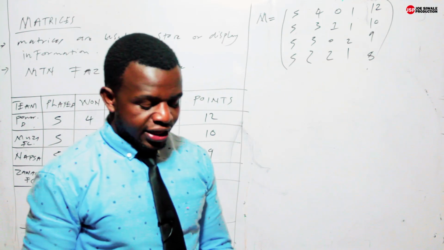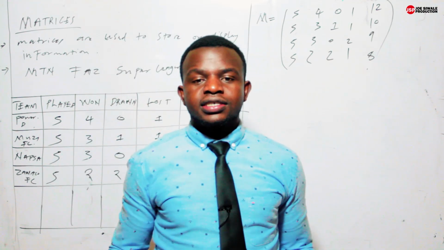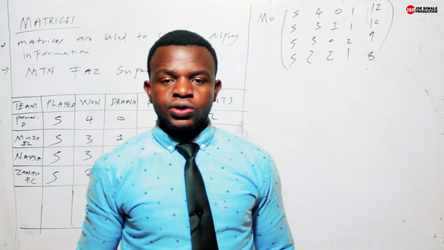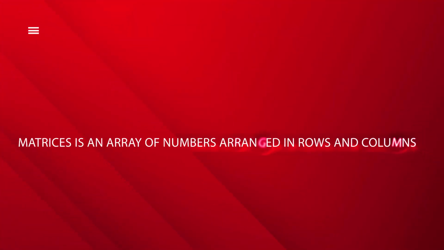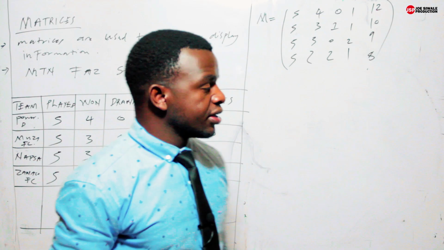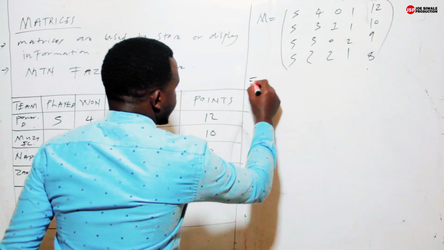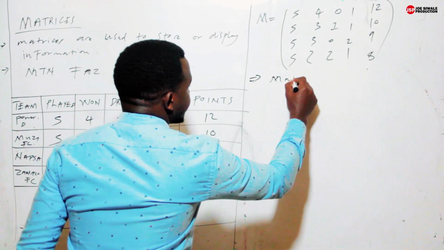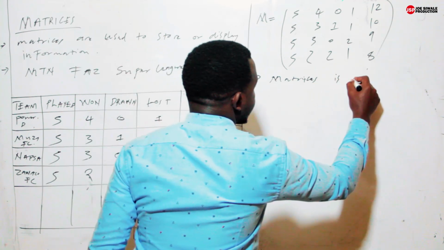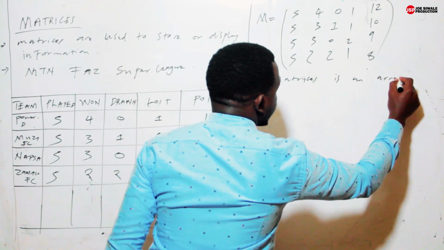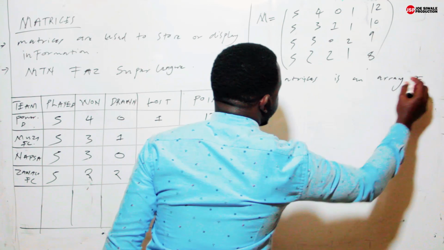So we can say that a matrix is an array of numbers that shows rows and columns. Matrices is just an array of numbers that shows rows and columns.